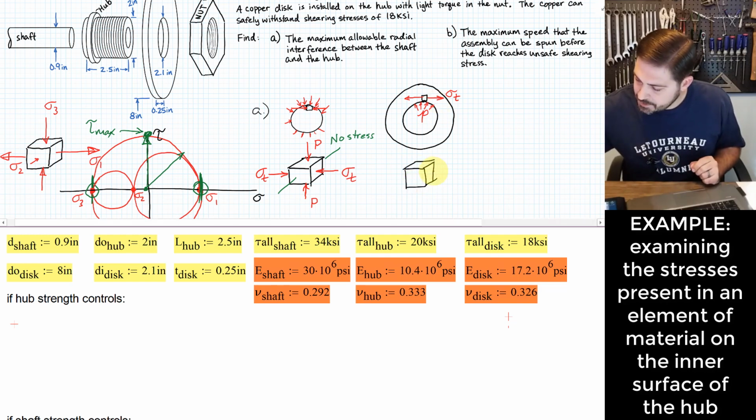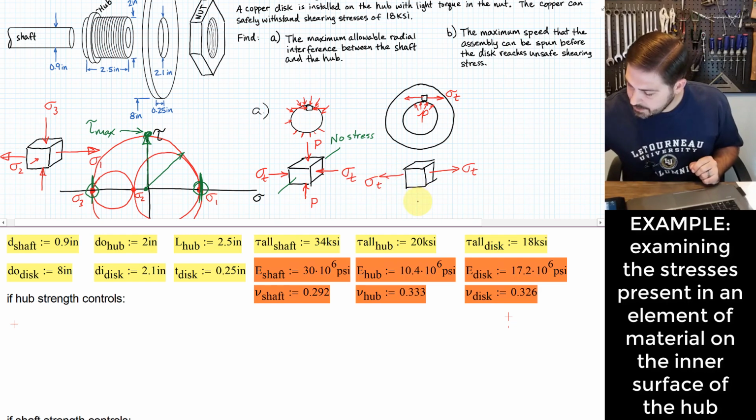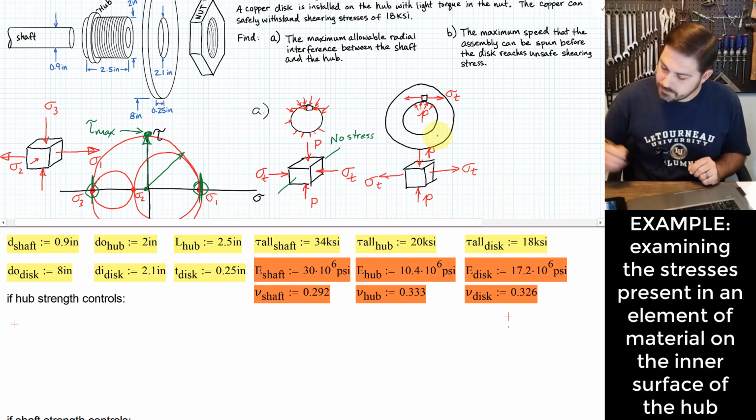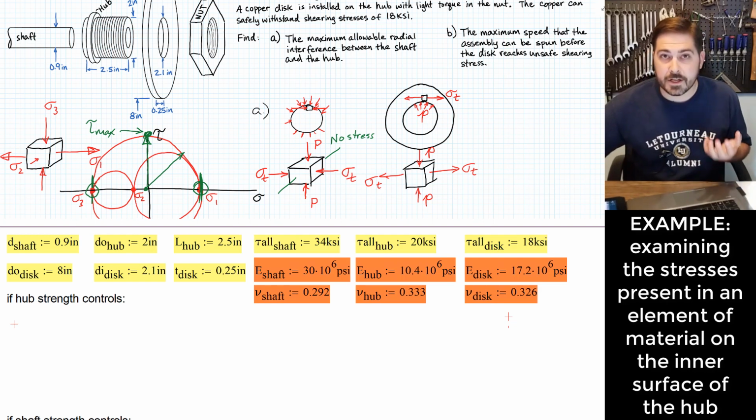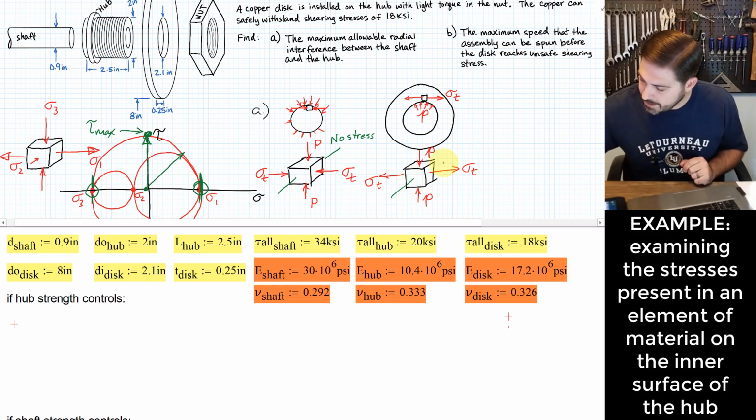That little element of material is going to have that tangential component of stress acting this way. It's going to have a pressure P, that's the interface pressure, acting this way, right? And just like before, there's nothing that's inducing a stress along the third axis, right? So again, we end up with no stress there.